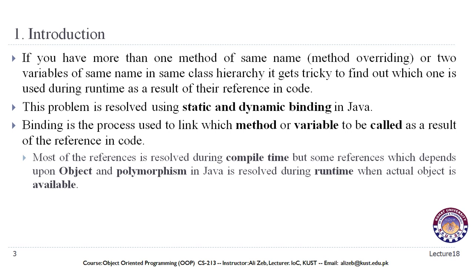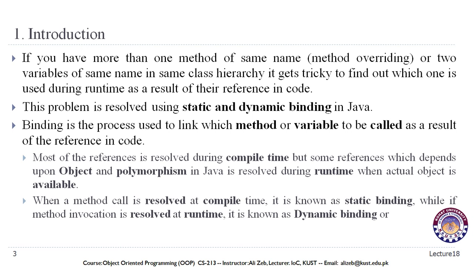But we can look at some examples where we can understand which method would be called using dynamic binding. When a method call is resolved at compile time, it is known as static binding. So when we know in advance which method would be called or which variable will be used, that is static binding. We know at compile time exactly which method will be called or which code will be executed.